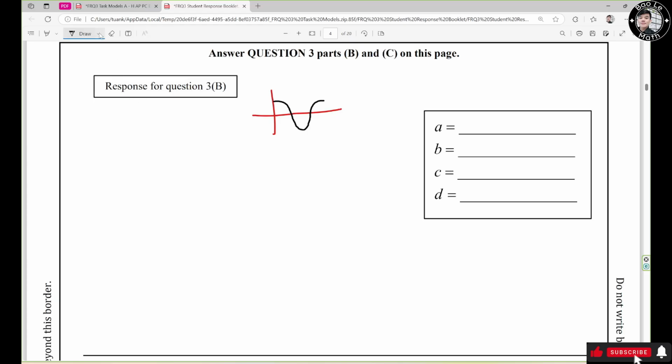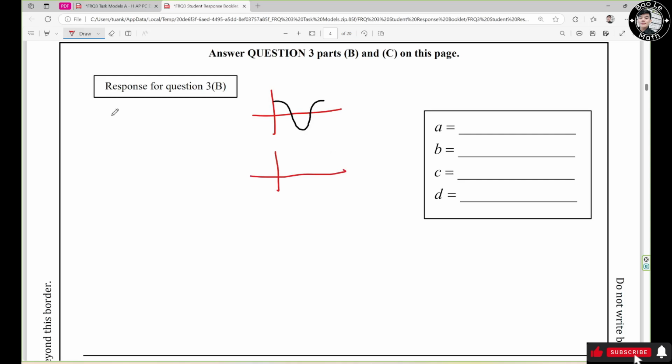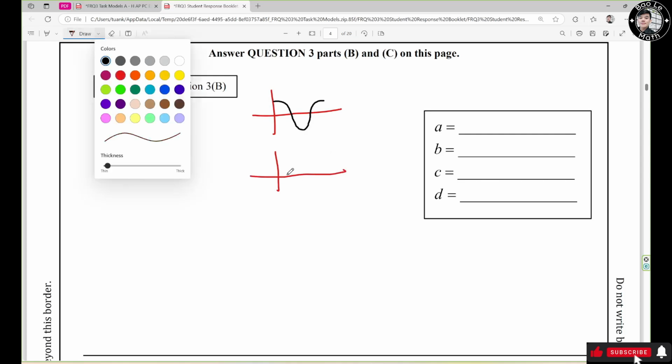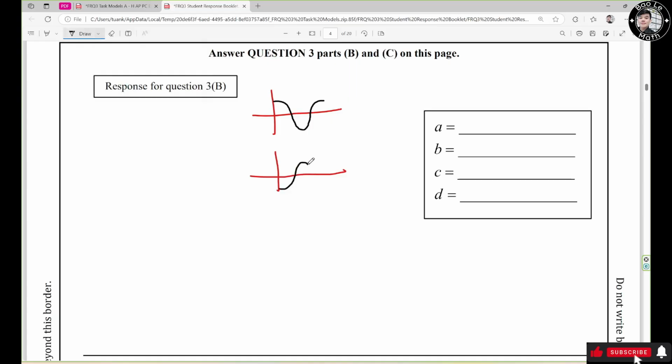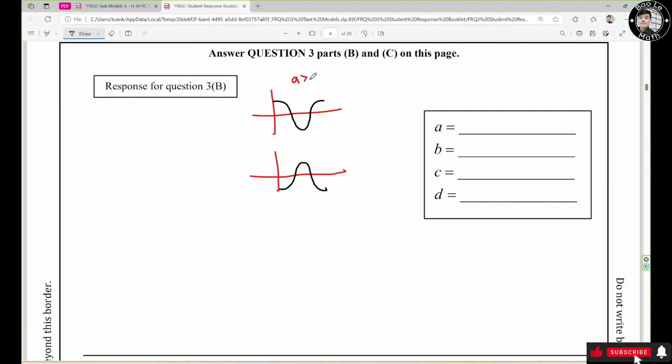If it starts from the minimum, the function looks like this. For the first case right here, A is positive. The second case right here, A is negative. So keep that in mind.